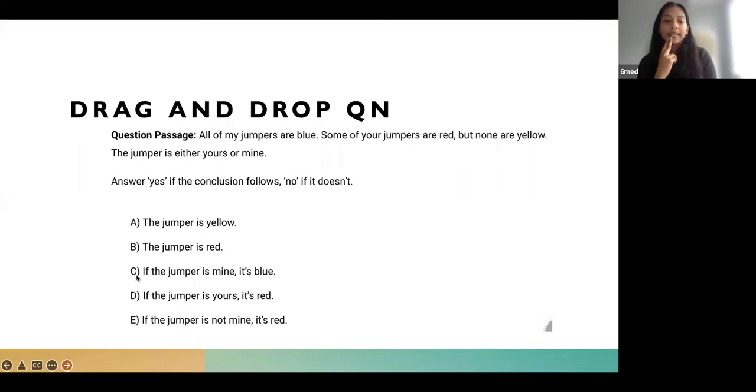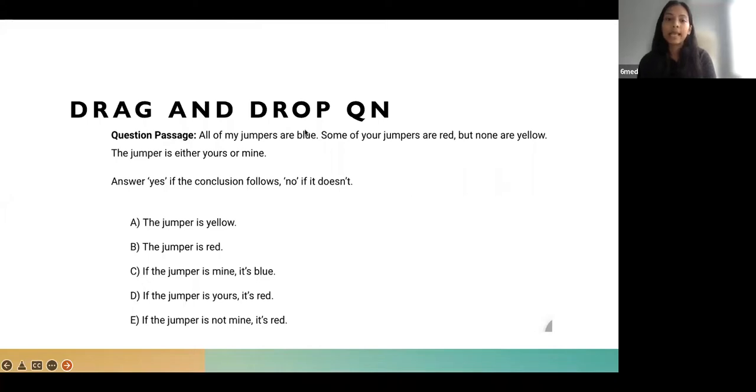Then the third statement, C, is saying, if the jumper is mine, it's blue. Do you think that's a yes or a no? What are most people saying? Yes, perfect, because we know that all of person one's jumpers are blue. Okay, D, if the jumper is yours, it's red. Is that yes or no? Now this is a bit of a tricky one, so think about it carefully.